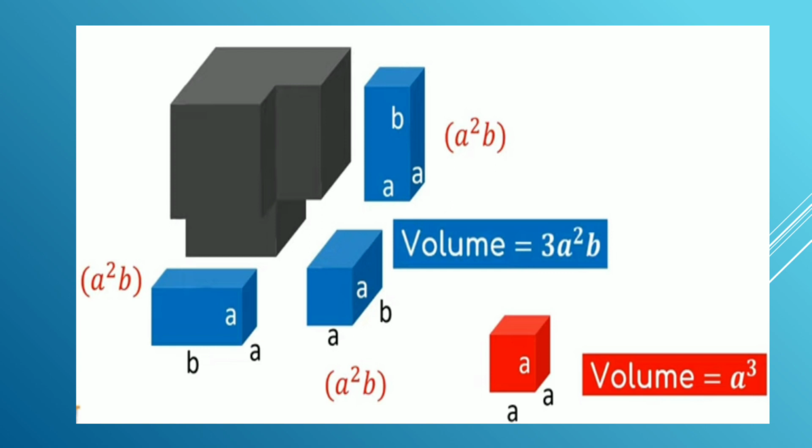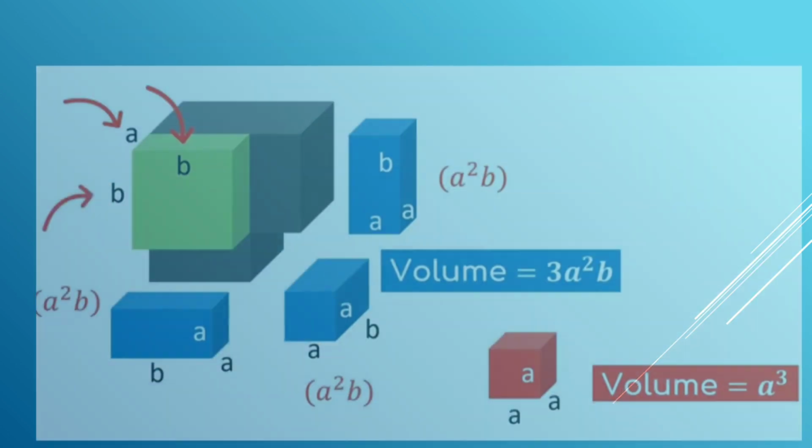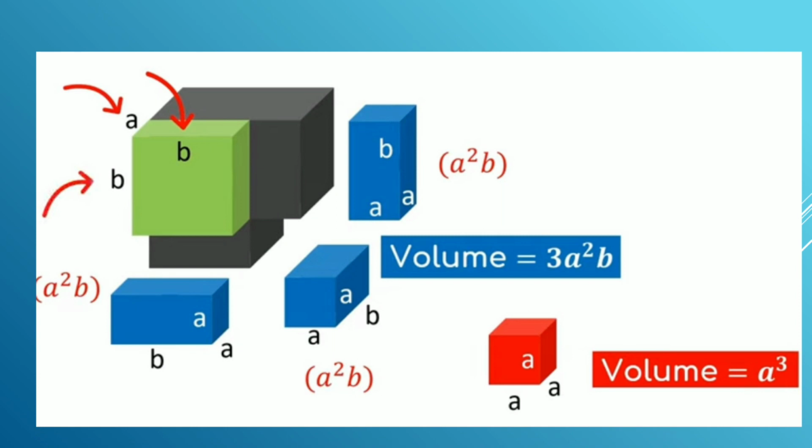So its volume will be equal to a square b. Same like this, we will pick up the next blue portion and find its volume. The next blue portion is this one that we picked up from here, and its two base sides are a and its length is equal to b. So the volume of this cuboid is equal to a square b.